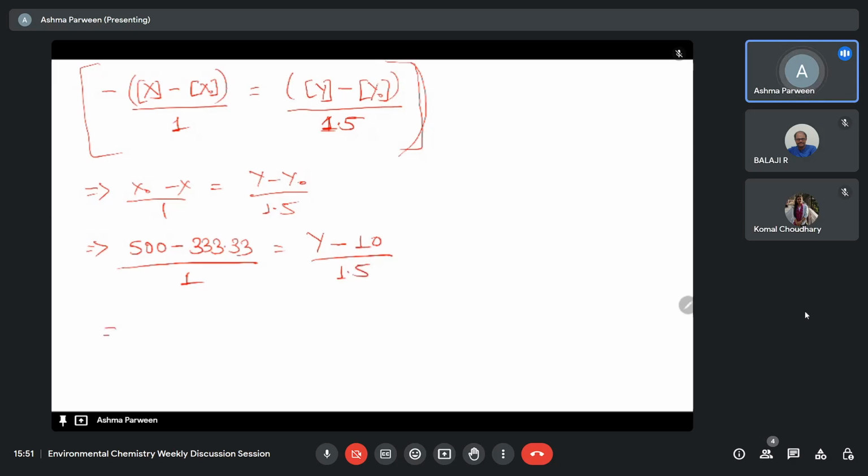So after solving this, we will get the concentration of y as 510 milligrams per liter. I hope this question is clear. If anyone has any doubt, you can ask, or we can move to the next question.